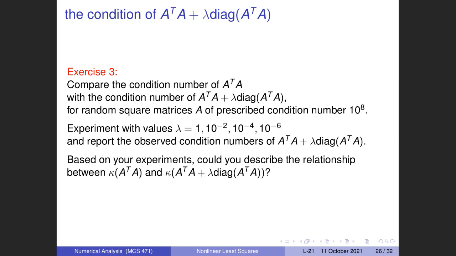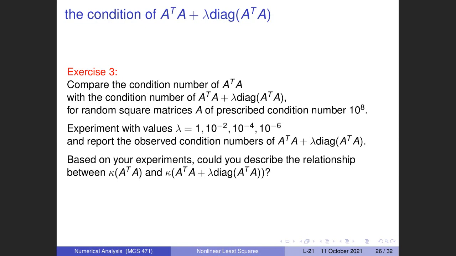This is a convoluted exercise, so we can make random square matrices with prescribed condition number. Let's then experiment with the condition number. So in a way, I introduced the method of Levenberg-Marquardt as very far, geometrically very far, very close. But you could also see this somehow as improving the condition number.